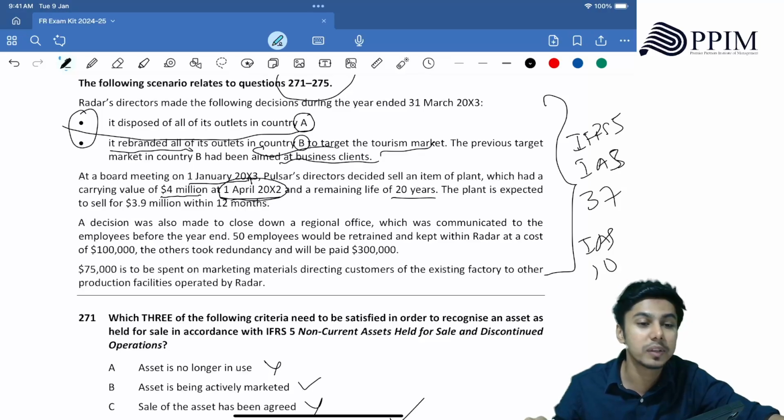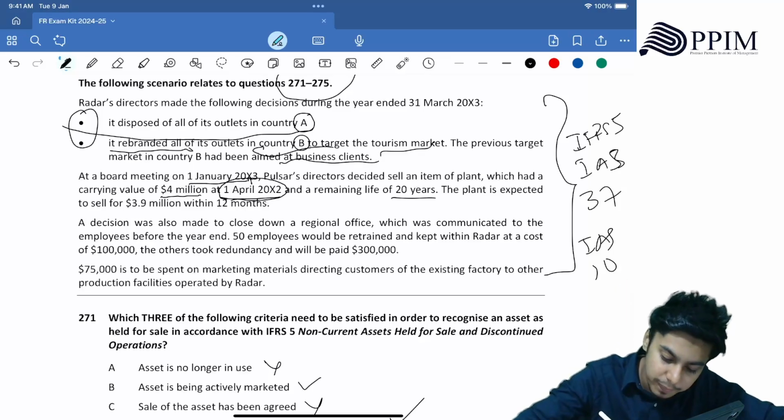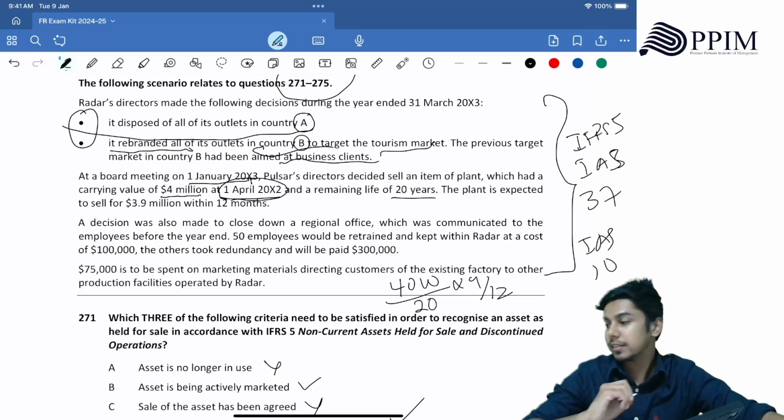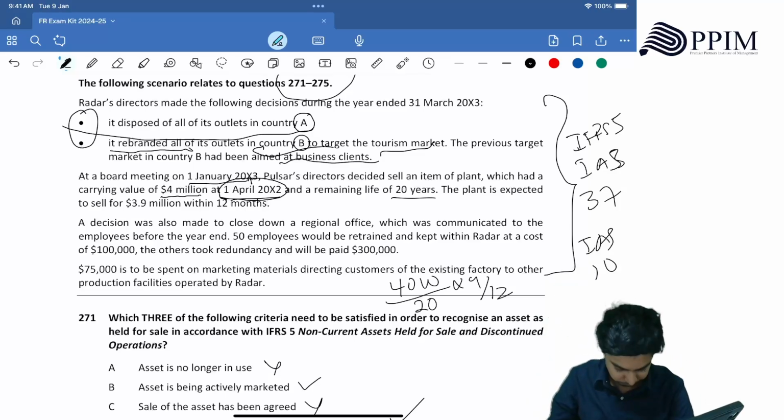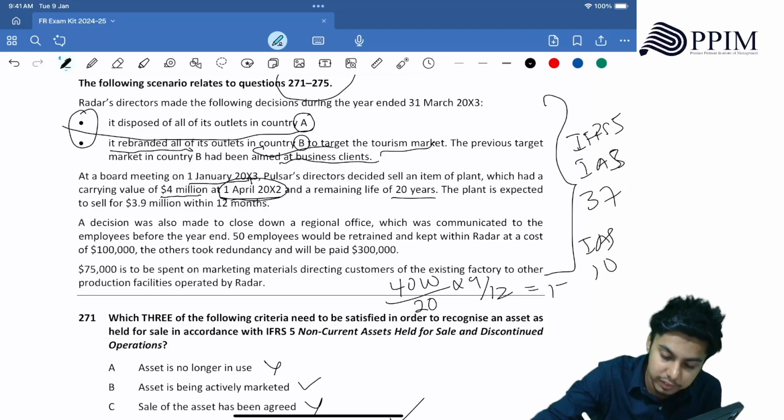Exactly. So therefore, guys, after 9 months, we first have to check what the carrying value is going to be. So first thing, take 4 million, divide by 20 years, times 9 over 12. Check what the depreciation will be after 9 months. How much is the answer, guys? 150.